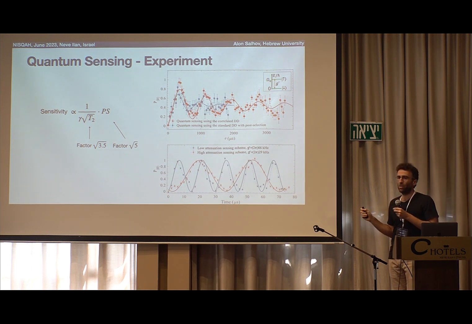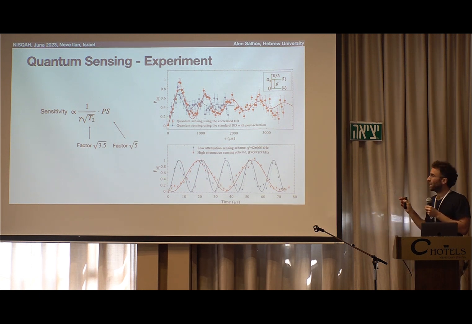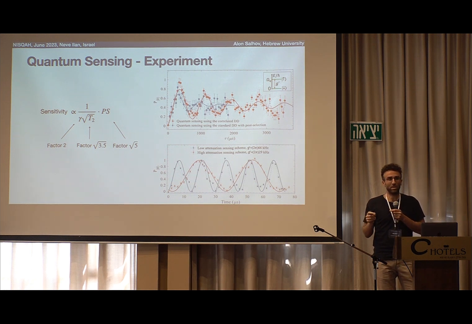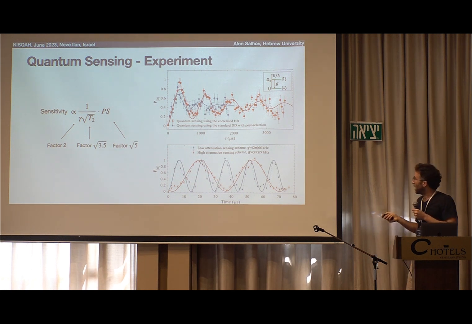But what we found is that this attenuation of the coupling is not necessarily the case. When we analyzed it more meticulously, we were able to demonstrate a factor 2 improvement with respect to previous demonstrations.